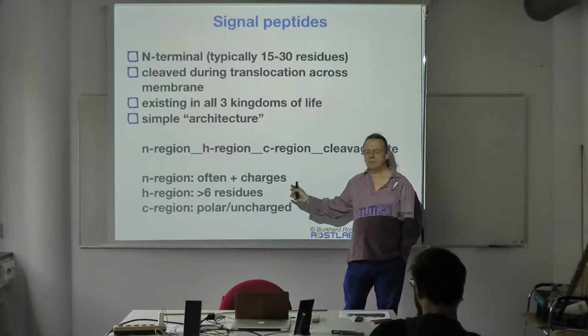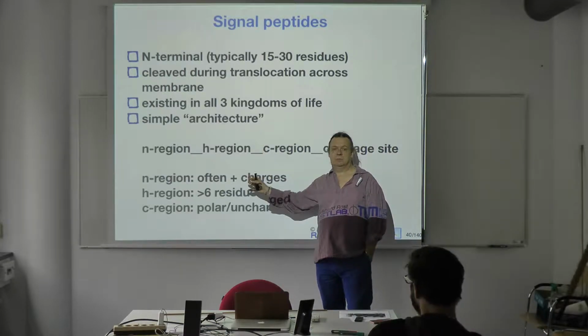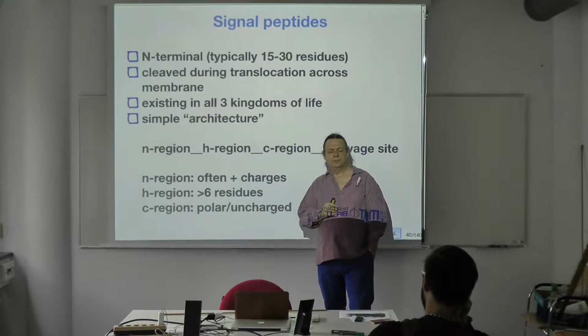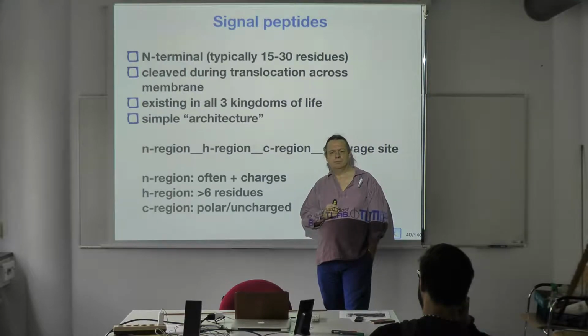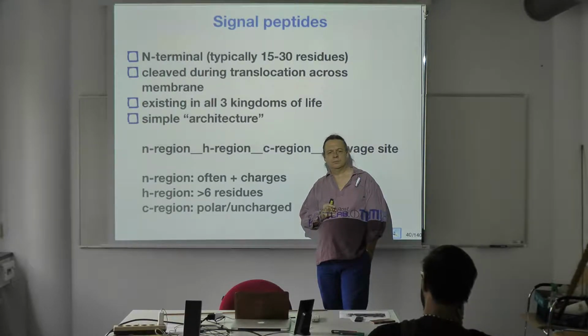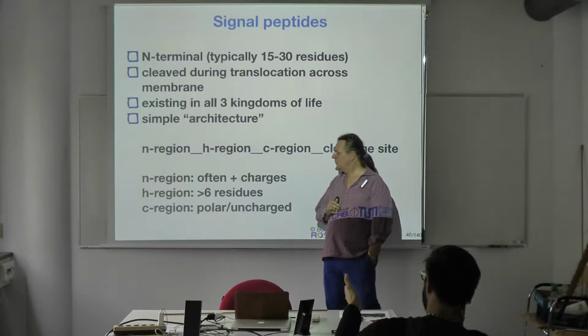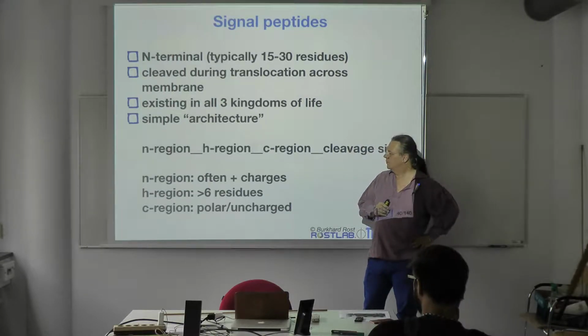You want to predict signal peptides? This is what I give you. Well, you know which amino acids are polar or charged in a way. And if you have a region that is something different, like nonpolar and not charged, and is at least 6 residues long, then you know it's the H region.